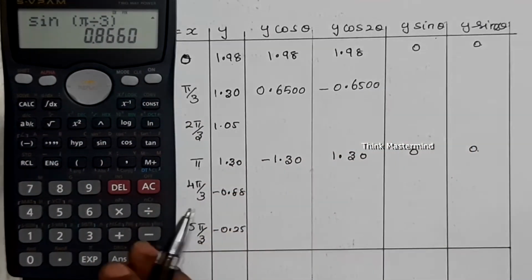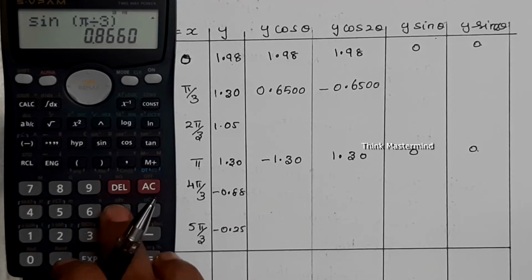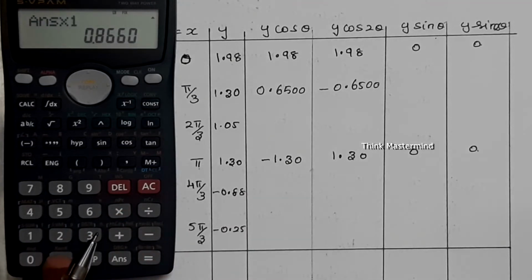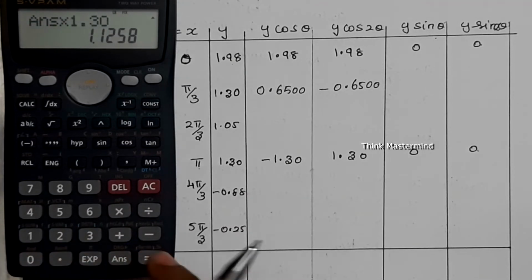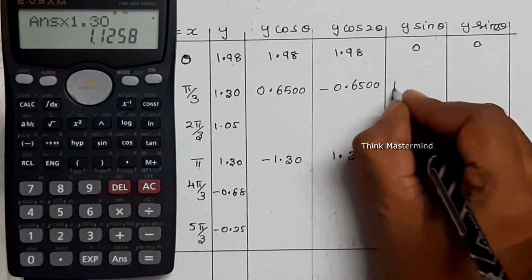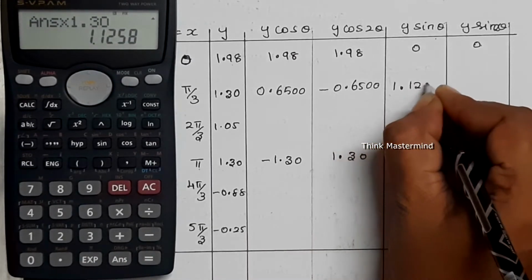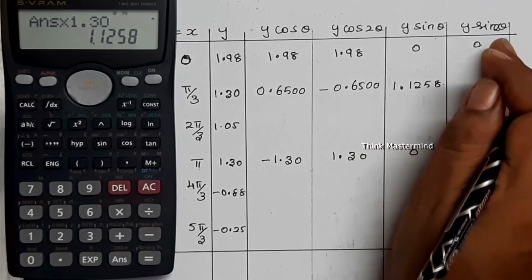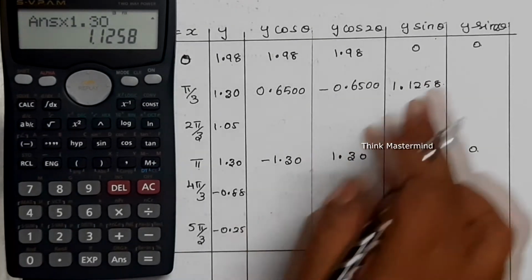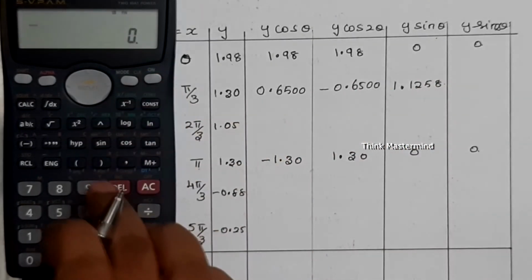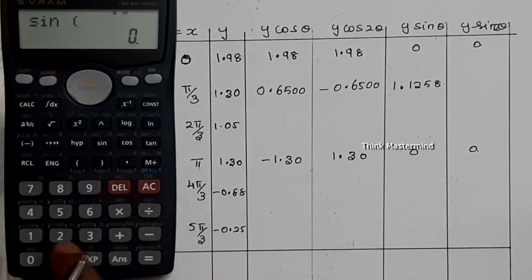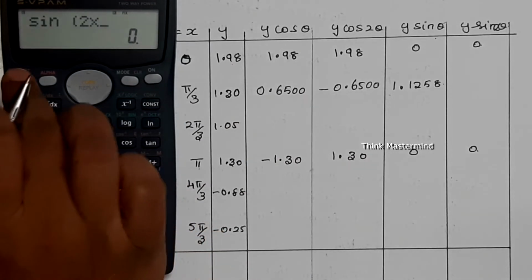Y value is 1.30, so 0.866 into 1.30 is equal to 1.1258.